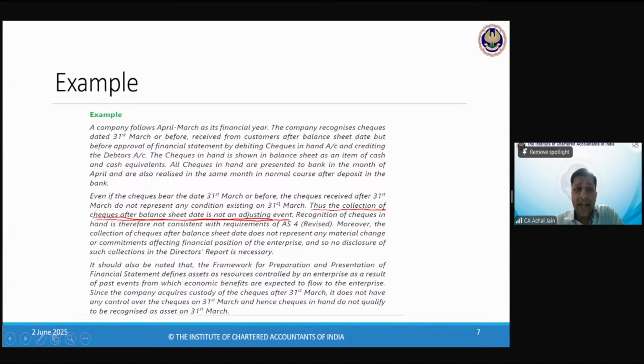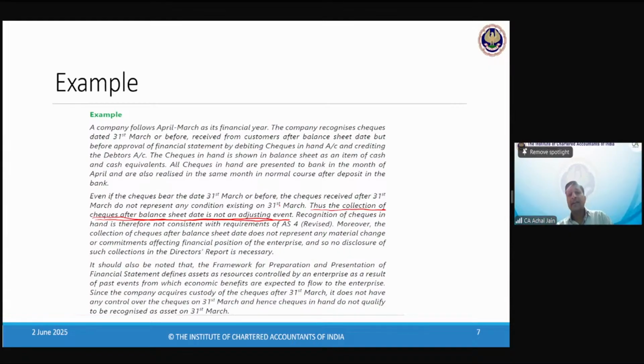Recognition of checks in hand is therefore not consistent with the requirements of AS 4. Moreover, collection of checks after the balance sheet date does not represent any material change or commitments affecting the financial position of the entity. And so, no disclosure of such collections in the director's report is also necessary.